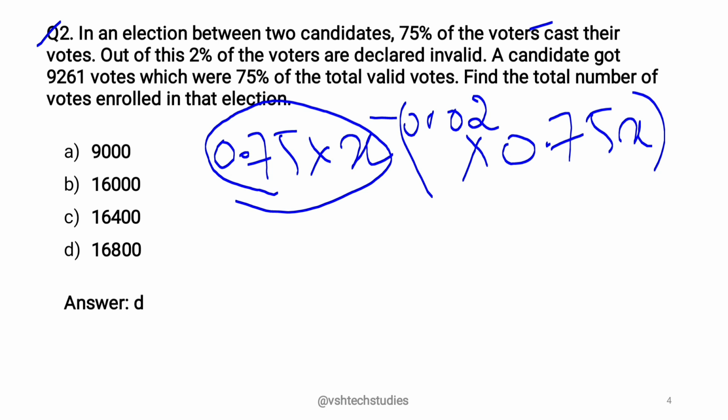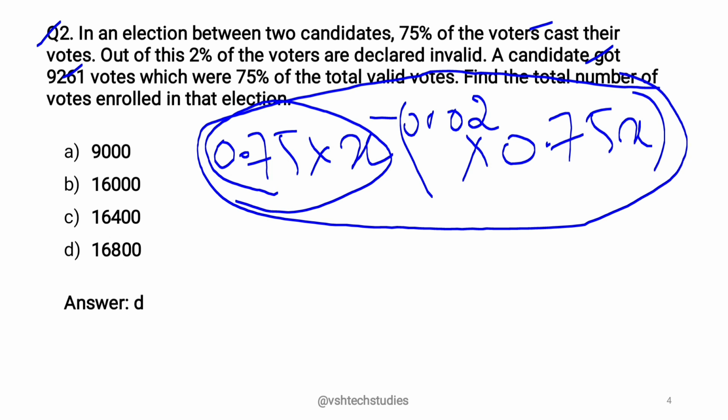So let us continue reading. A candidate got 9261 votes, which were 75% of total valid votes. So this is total valid votes. 0.75 into this, because 75% of total valid votes is equal to 9261.